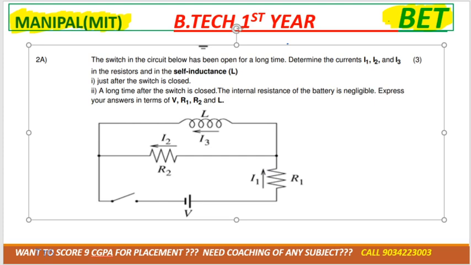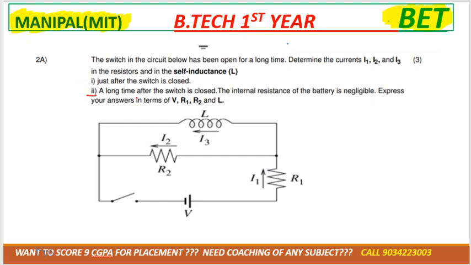Now after this, in the second part, they said a long time after the switch is closed, meaning after the switch is closed, a long time passes. So that means that is the time t equals infinity. Can we say it like this? The switch is closed, and then a long time passes, that means the time is equal to infinity. The internal resistance of the battery is negligible.